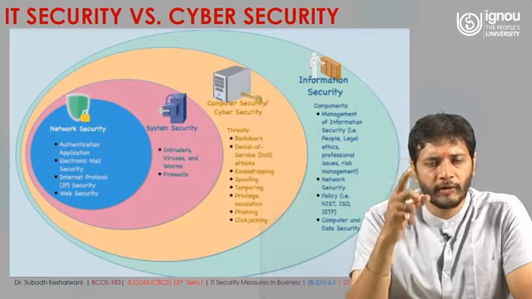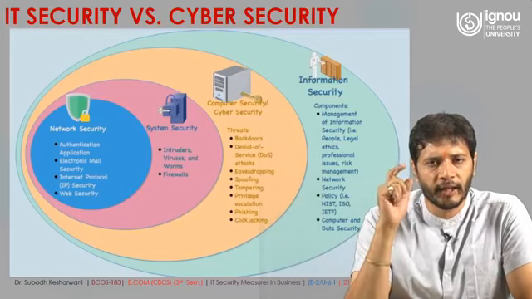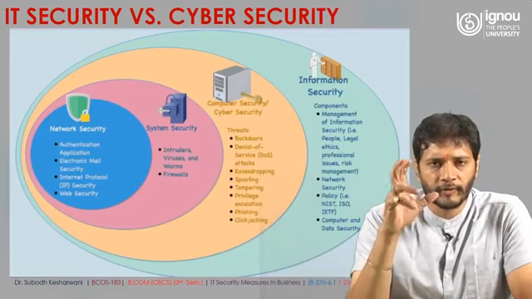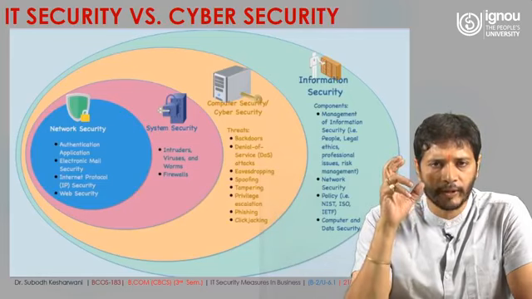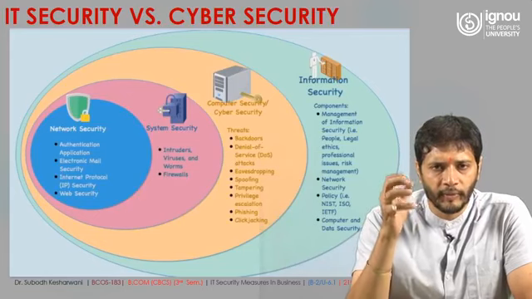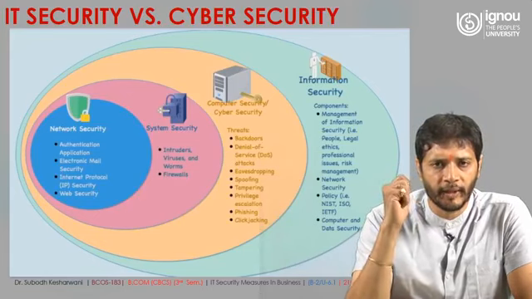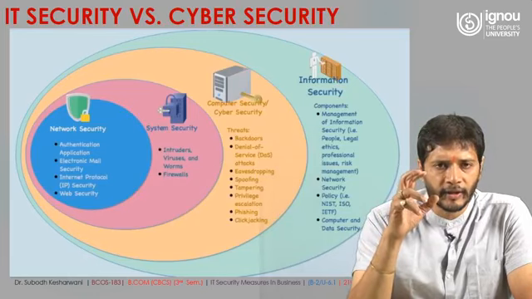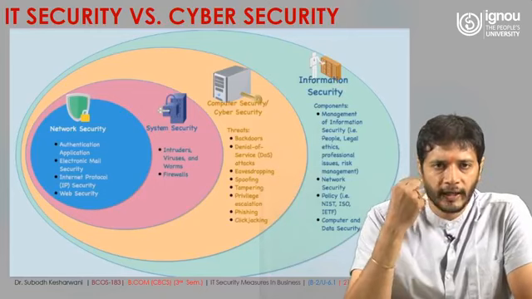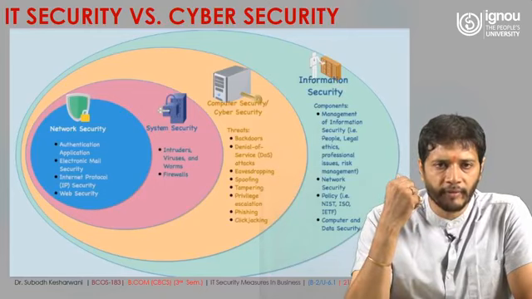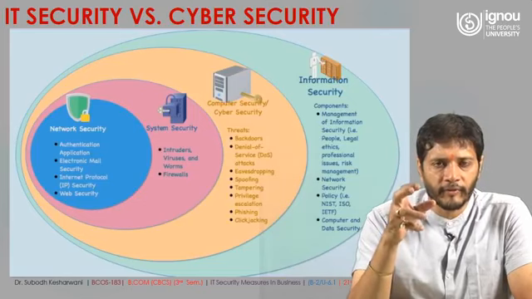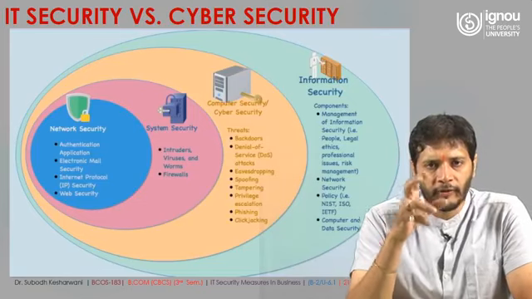If you see this particular image, you will find out that the bigger circle talks about information security, which is the complete background of security, which starts with management of information security, that is people, legal, ethics, professional issues, risk management. And if you talk about cyber security, it could be backdoors, denials of service, spoofing, tampering, phishing, and clickjacking. These are the models which are there. So this is a part of information security.